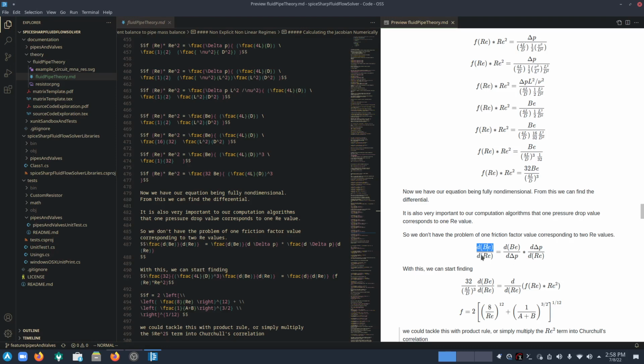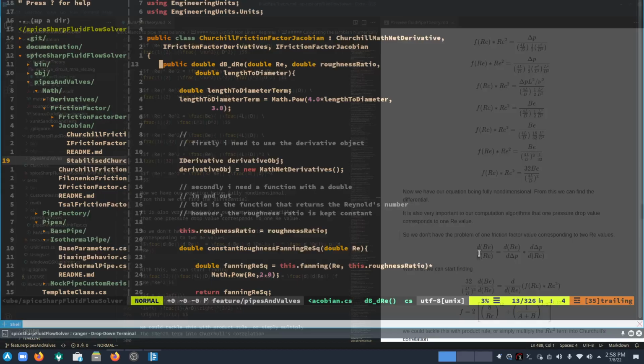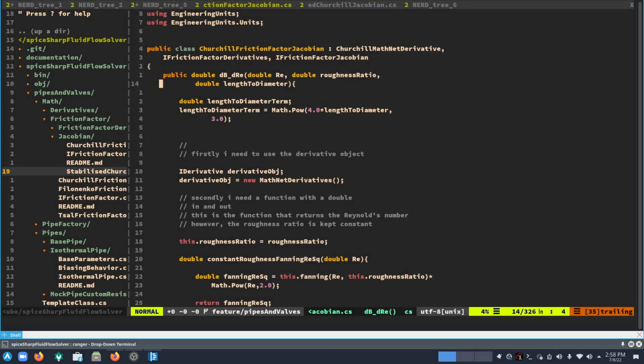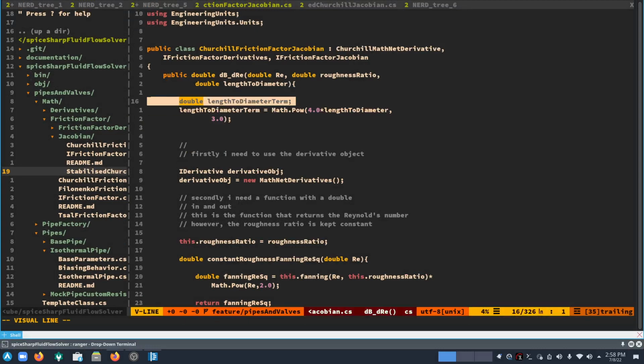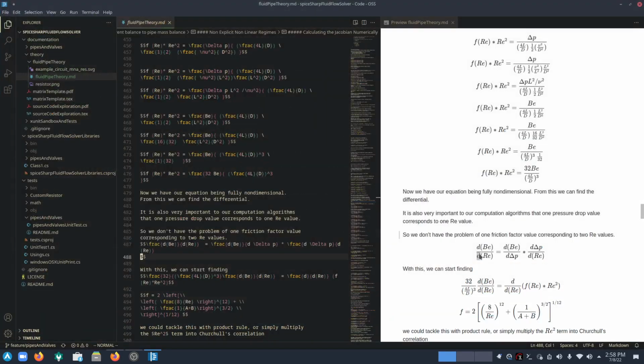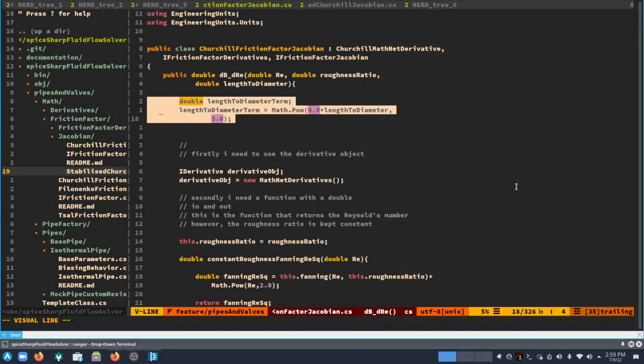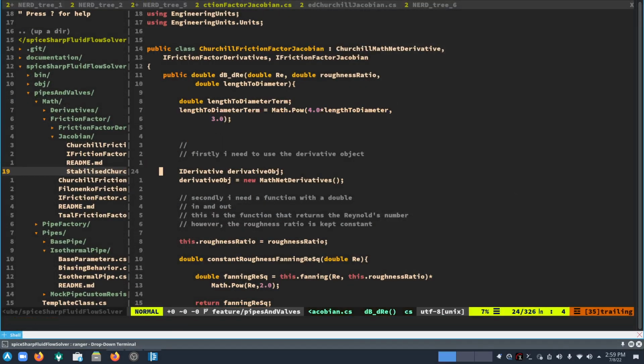This is where we calculate this particular derivative. First, we receive a length to diameter ratio. Then we calculate the length to diameter term, which is 4L over D cubed. I just have a function to calculate that all together, so that we can start ourselves off.